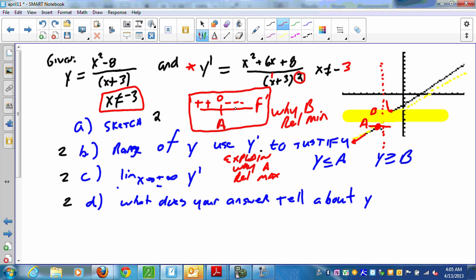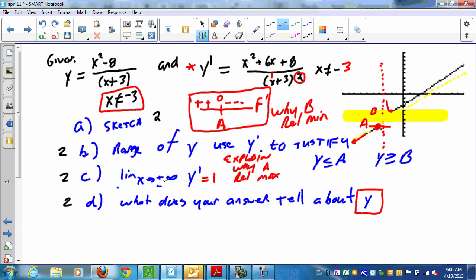So what is the limit as x approaches infinity from the left to the right? And the answer is, looks like a Betsy problem, right? So that would equal 1. Part D says, what does your answer tell you about the function y?